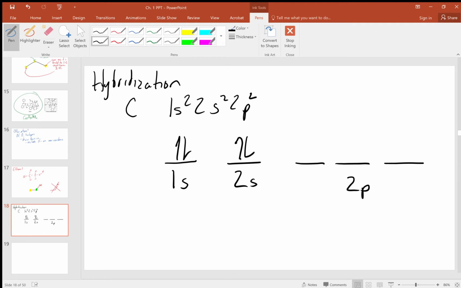We pair the 2 electrons in the 2s, and then the 2p will end up with two unpaired electrons. And so what this would suggest to us is that this would allow for two bonds to form, even though we know that carbon needs 4 bonds. Why 2 bonds? Well, we only have the 2 unpaired electrons, and so those are the ones that would want to form bonds.